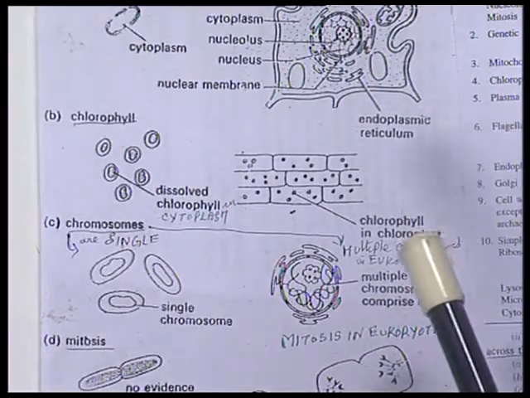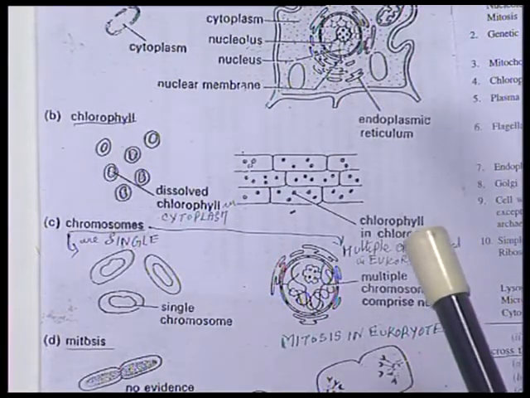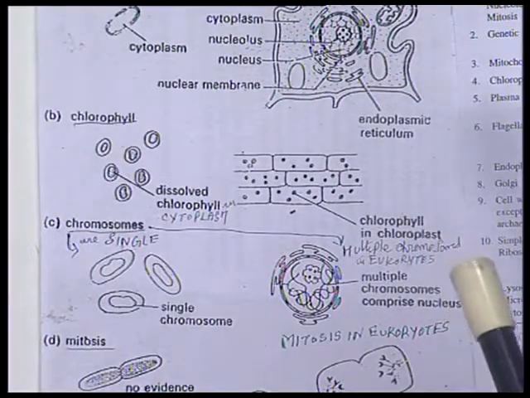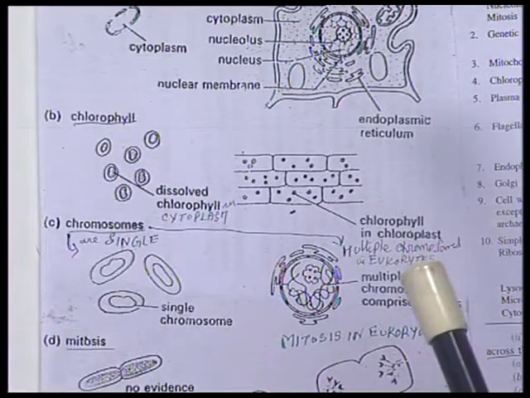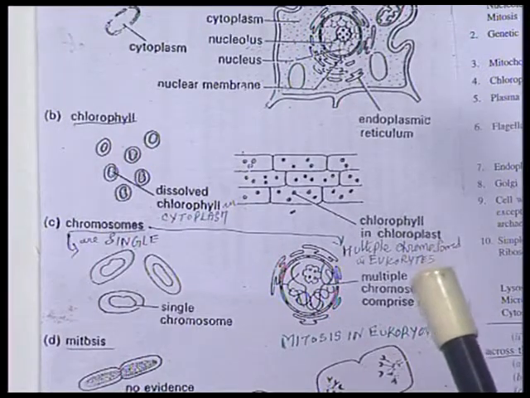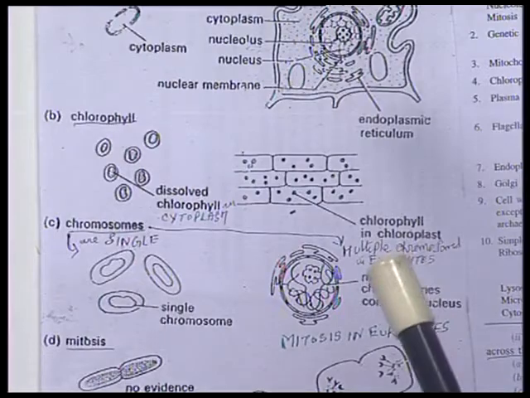The green leaves of the tree take carbon dioxide from the atmosphere, and with the help of the chlorophyll in the chloroplast, and the water taken from the soil by the roots of the tree, they produce carbohydrate, glucose, the photosynthesis process. So chlorophyll has a bigger role in the case of eukaryotes.